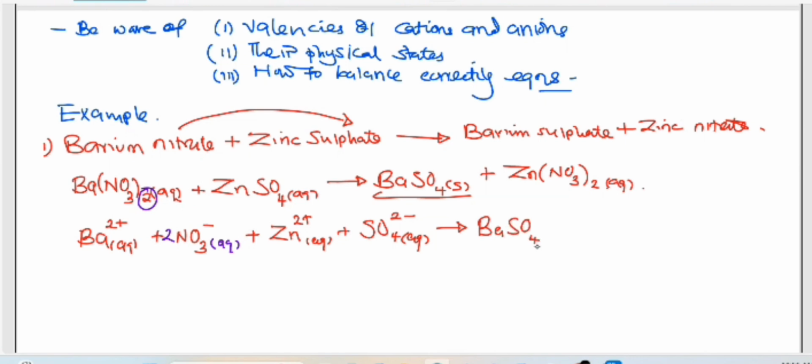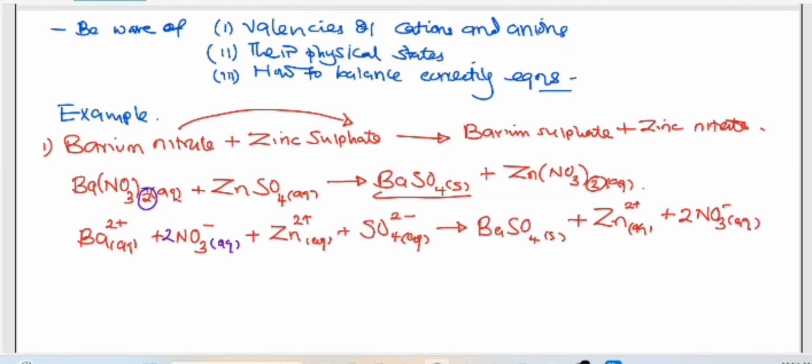Barium sulfate in solid state plus zinc ion still in aqueous state plus two nitrates still in aqueous form.